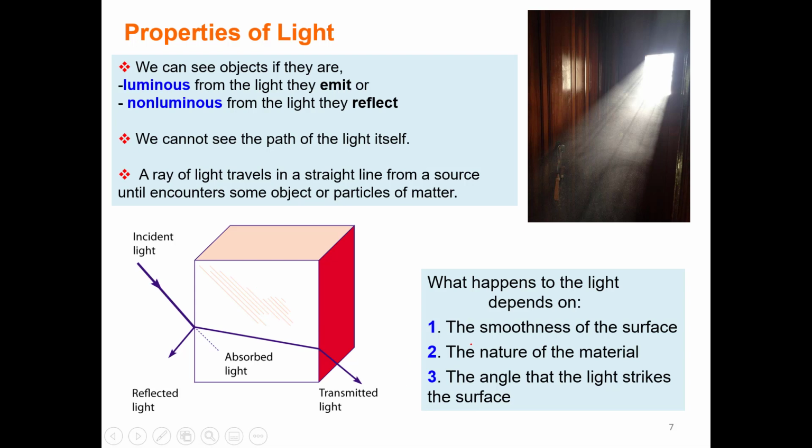One, the smoothness of the surface. Two, the nature of the material, what kind of material interacts with the light. And three, the angle at which the light strikes the surface. We will discuss each of these aspects in the next slides.